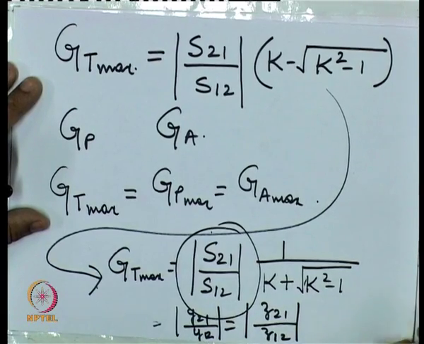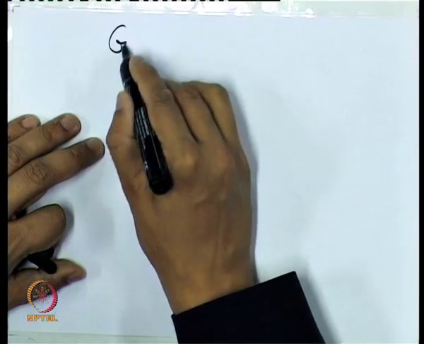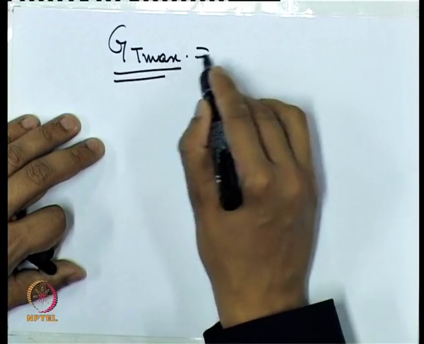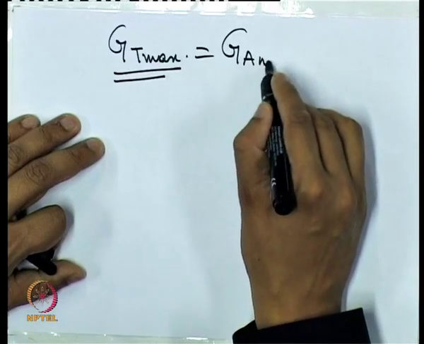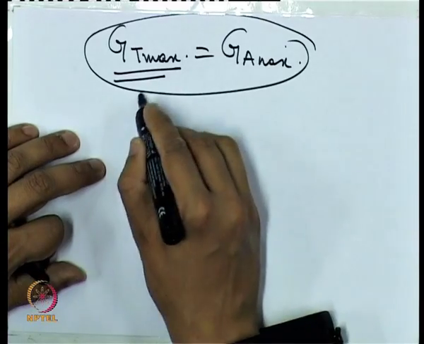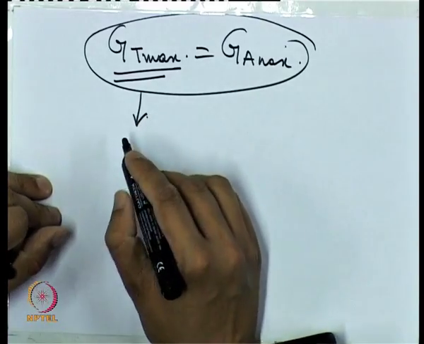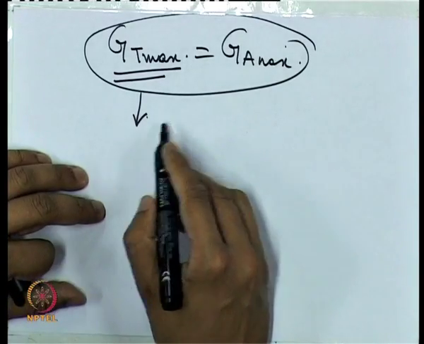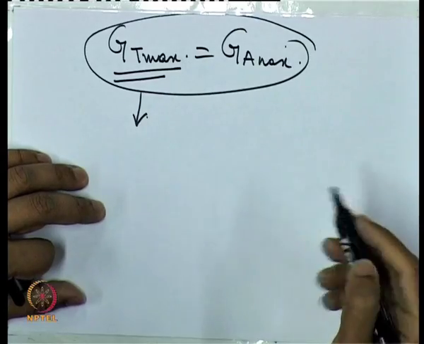So we saw that this is the case for the unconditionally stable case. Now, for the unconditionally stable case, this GT max that we just found out is equal to GA max. Now, this is actually a figure of merit. This is a specification given in the data sheets of the RF devices that you buy from the market.